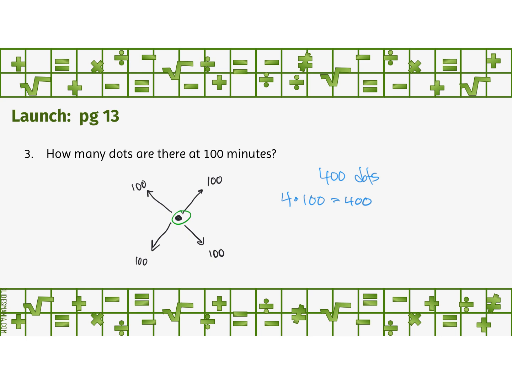So I need to take my 400 and add 1 dot to it. So then it's 401 dots that would be in this pattern. As far as how many dots are there at 100 minutes, it will be 401 because we still have that first one that's there.